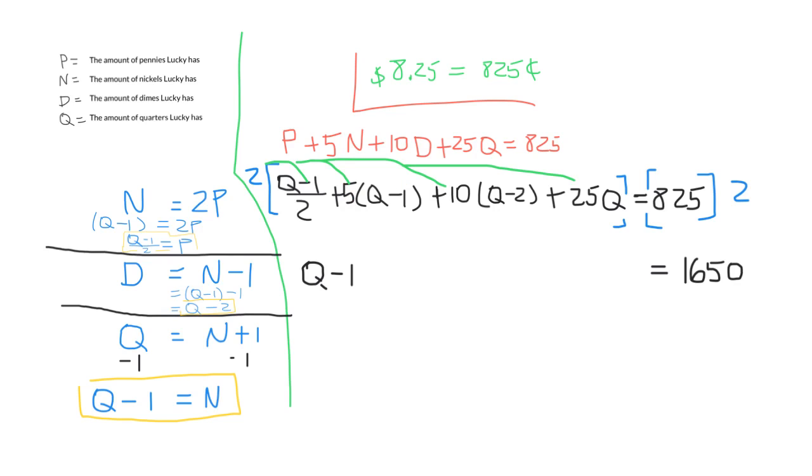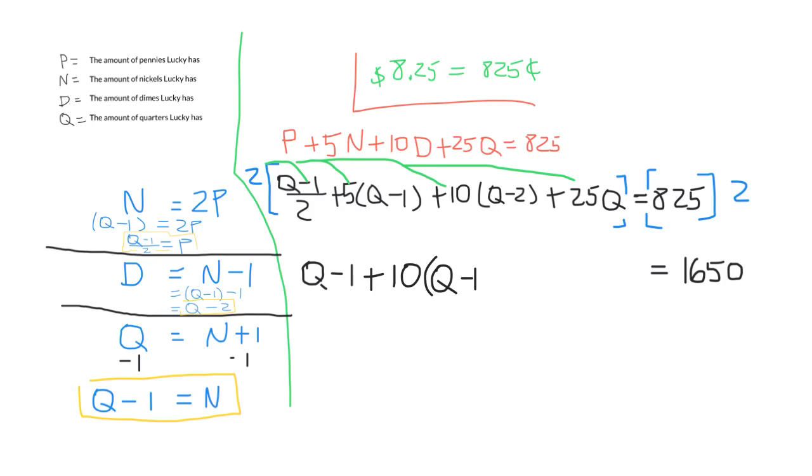You pick one of these two numbers. You have two numbers. You have 5 and you have q minus 1. Q minus 1 is just a number. It's a quantity. You just pick one of those two to multiply 2 to. And in this case, it's going to be easier for us to multiply 2 to 5. And then we have to actually preserve q minus 1. So you do have to be careful with that. 2 times 5 times the quantity of q minus 1 is going to turn out to be plus 10 times that quantity.